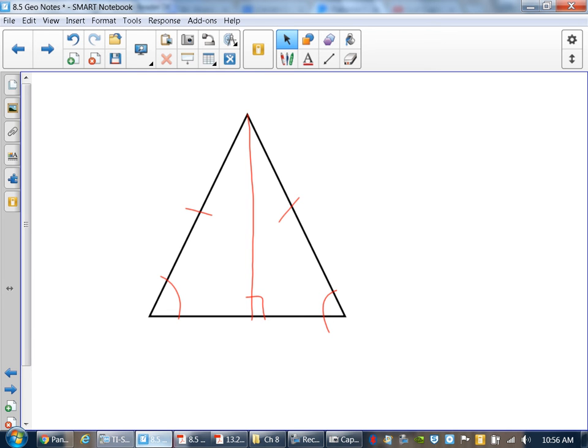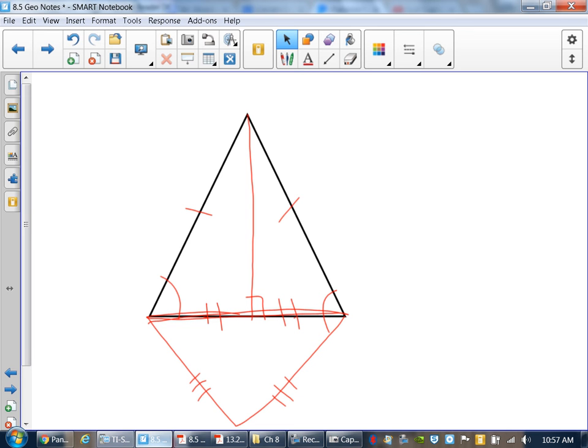You wound up with reflexive, and you had hypotenuse leg, but you also knew that the height of an isosceles triangle is always the perpendicular bisector of the base. So the reason why, as you're going back through here, this segment from where the two angles are is always bisected.